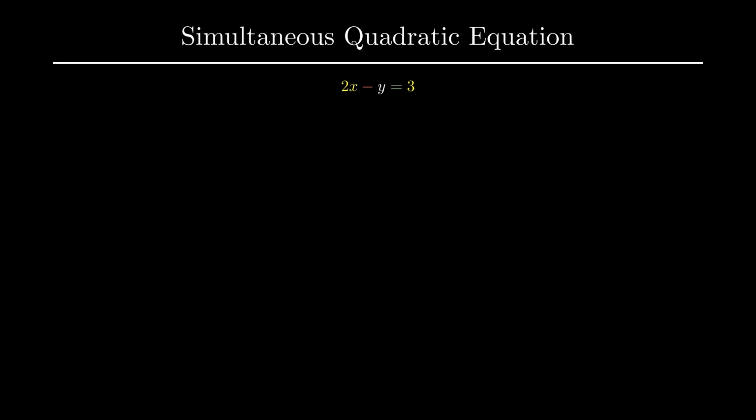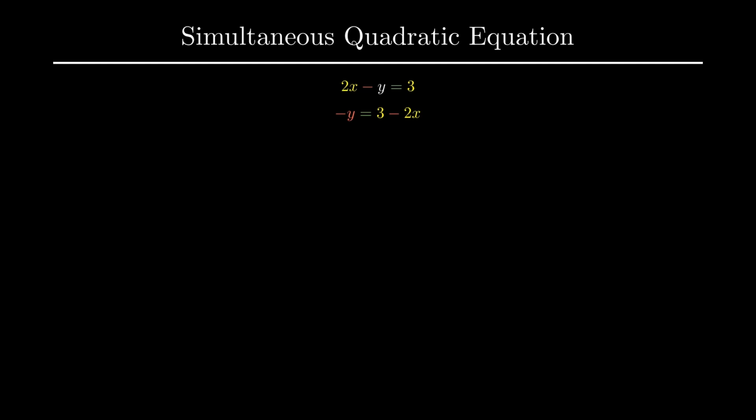Okay, so let's start with the problem given. 2x minus y is equal to 3. As we did in our previous problem, first of all, we have to make something the subject of the formula. So we'll make y the subject of the formula. That will be done by taking 2x to the other side, which gives us negative y is equal to 3 minus 2x.